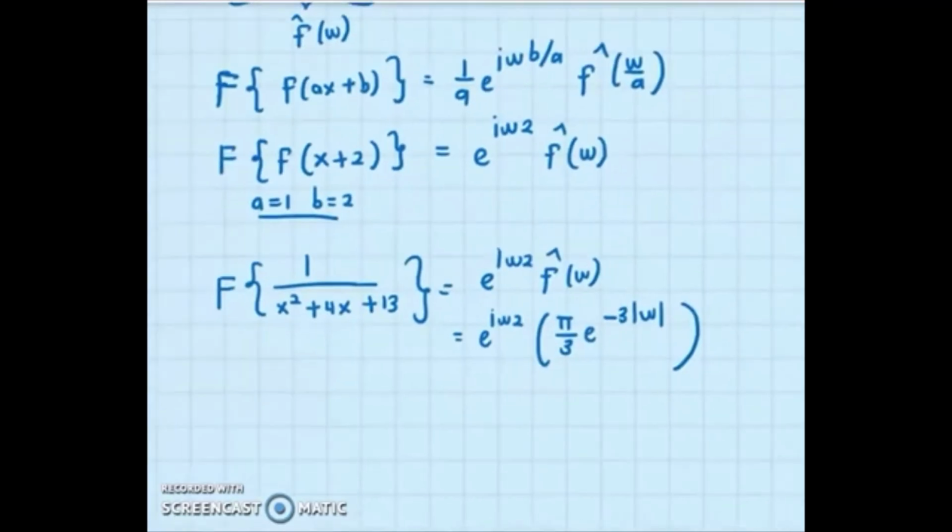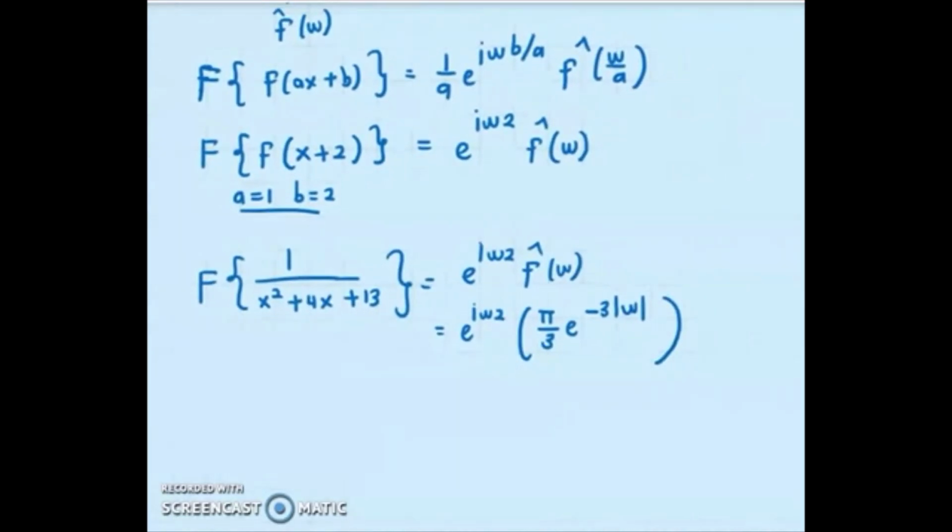You can't simplify this, but I can take out the pi over 3 term. Normally you will write it like this: pi over 3, e to the 2i omega, e to the minus 3 omega. Okay, that's all for today. I will show you more examples in my next video.